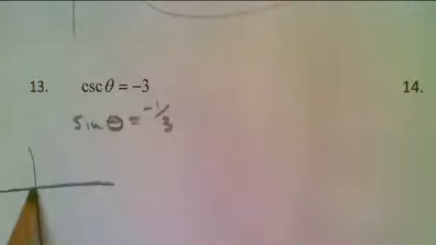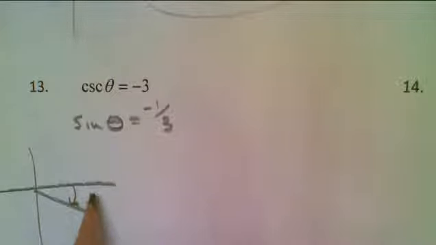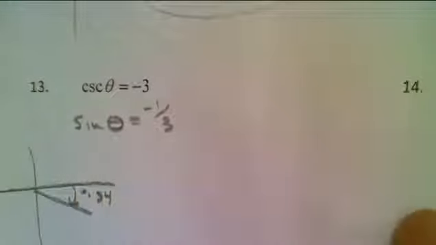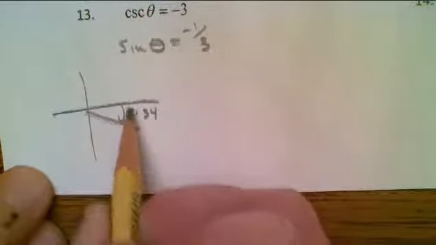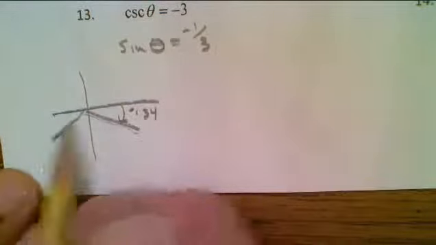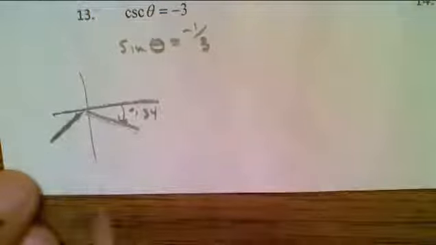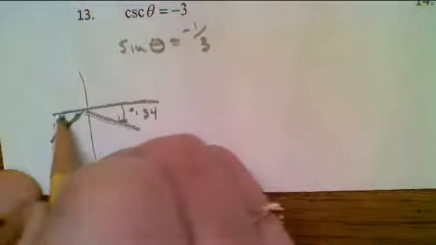Alright, now, remember the calculator gives you that negative answer down here, -0.34. I can't use -0.34 because that's not in my range of answers I need. So I need to name this angle that has a negative sign with that reference angle, and this angle over here has a negative sign with that reference angle.